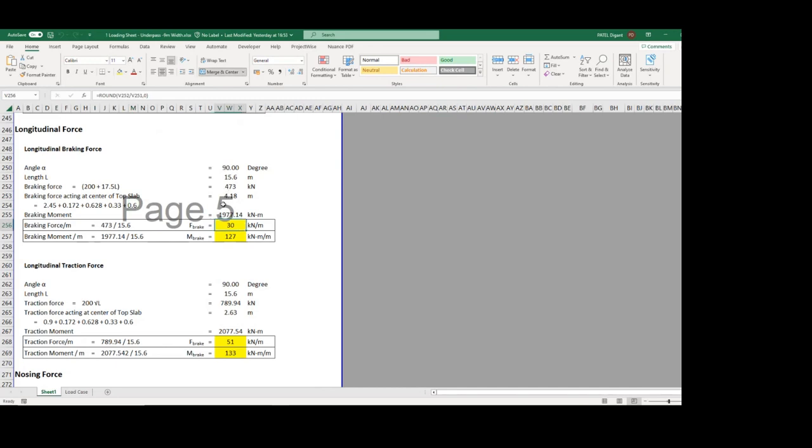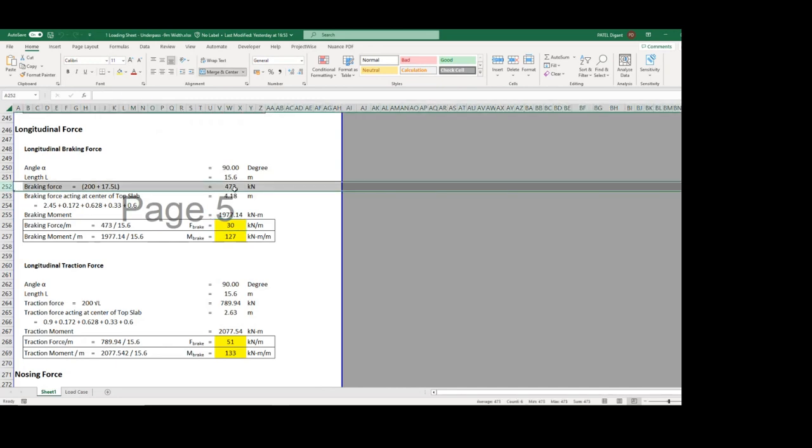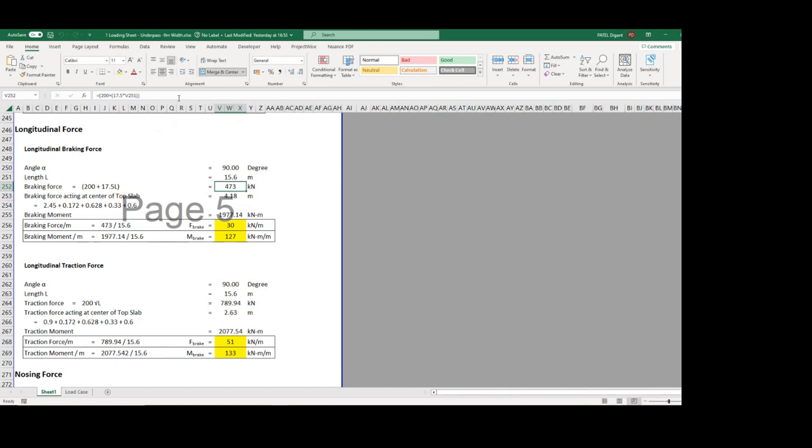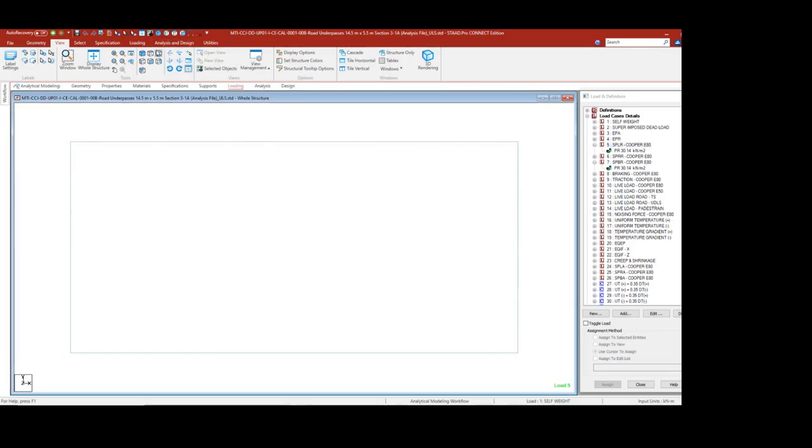Whatever braking force we get, it is in kilonewton, so we will apply it as a uniform load. We will divide it by the length of the structure, and we will get kilonewton per meter. This will be multiplied by the distance, the height, so basically we will get the uniform moment. So we will apply it like this.